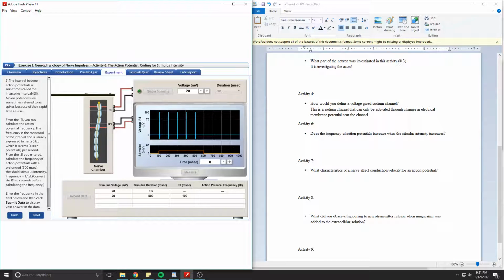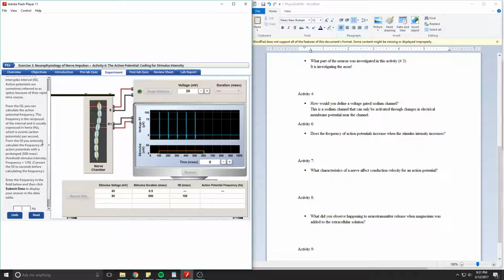The difference between action potentials is sometimes called the interspike interval. From the ISI, you can calculate the action potential frequency. The frequency is the reciprocal of the interval and is usually expressed in hertz, which is events per second.